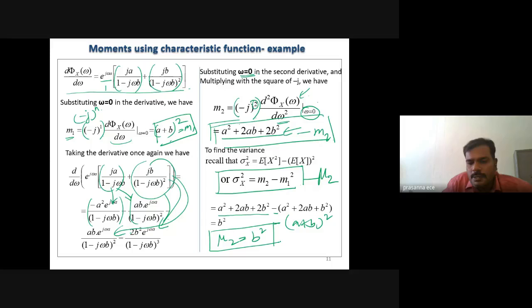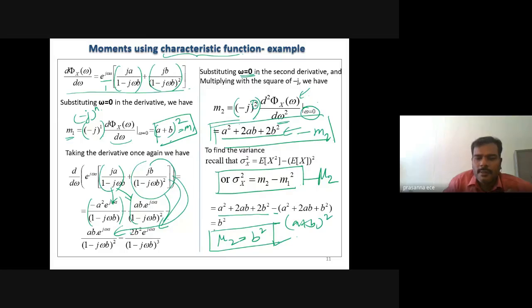Is this the same as our previous result using the direct method? Yes. Previously we used the direct method to find this mu2, and that was also b square. Here again, using our characteristic function, we have arrived at the same value.